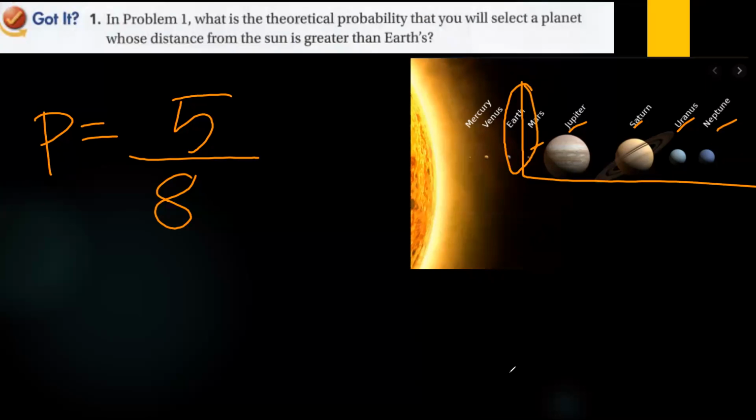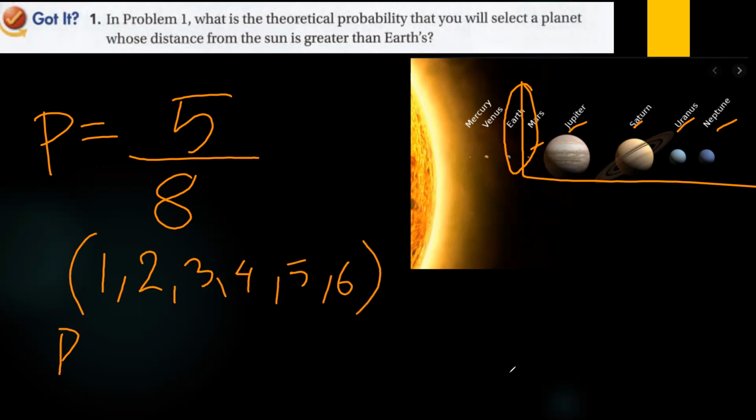Again, teacher, the last thing you said. Yes. If I tell you, as an example, you have these numbers. And I ask you now, what is the probability of choosing a number that is greater than 5?